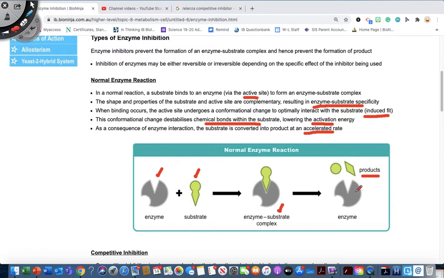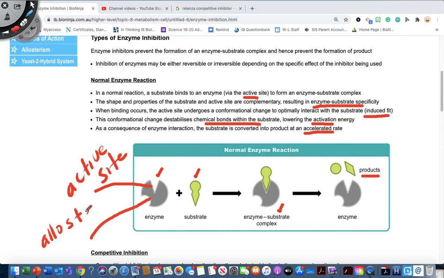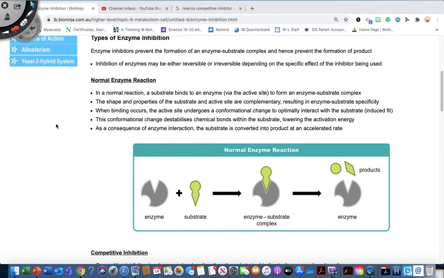So one thing to note here is that you're all aware here of this active site of that enzyme. So we call that the active site, correct? But remember that we've talked about how enzymes have another site called an allosteric site. So this site is going to become important in just a moment, okay? All right, so let's move on.